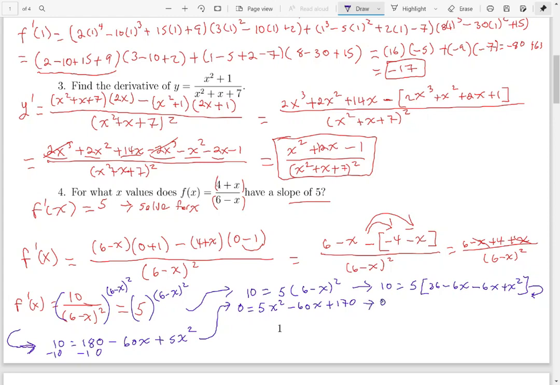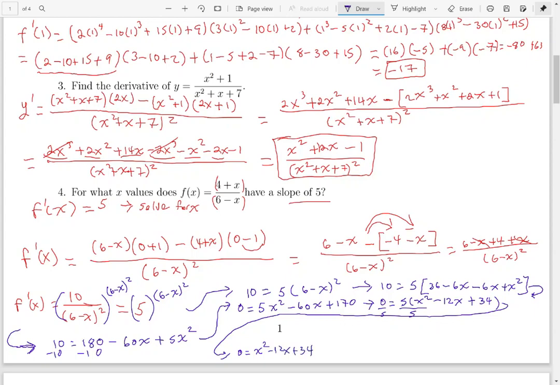That's going to be 0 is equal to 5 times x squared minus 12x plus 34. And then I can divide both sides by 5. And 0 divided by 5 is 0. Then that gives me 0 is equal to x squared minus 12x plus 34.